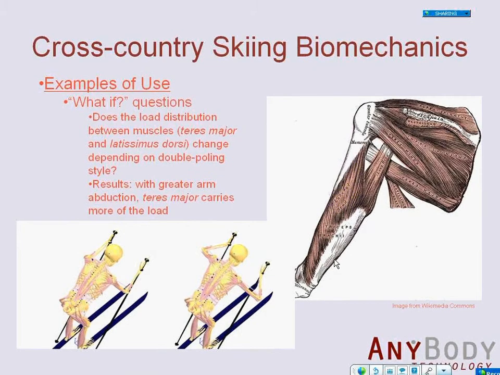Another example of use for this technique is what-if questions. One example here is load distribution between muscles. Studies and literature show that faster skiers have a different skiing style or movement pattern than slower skiers.